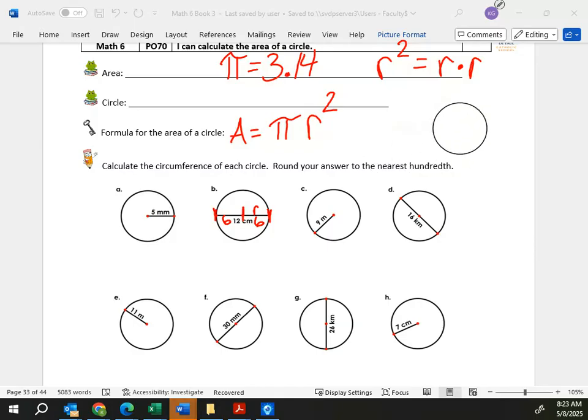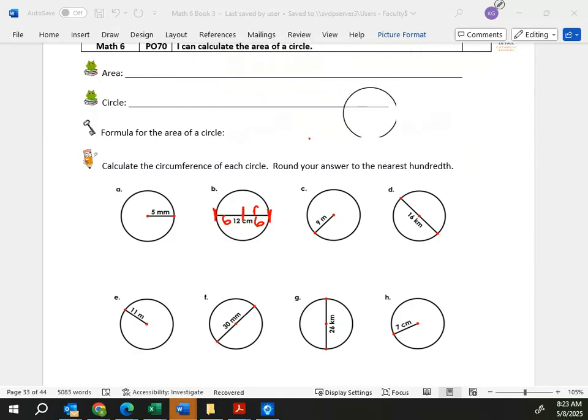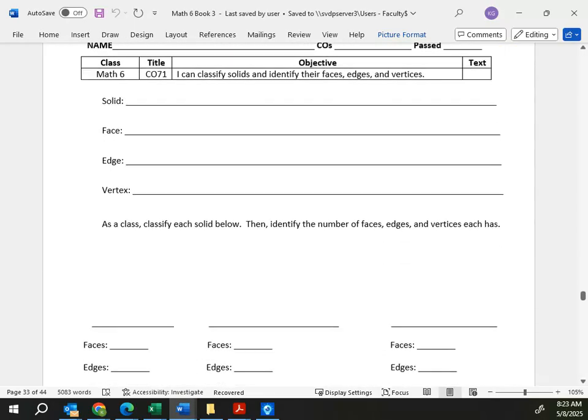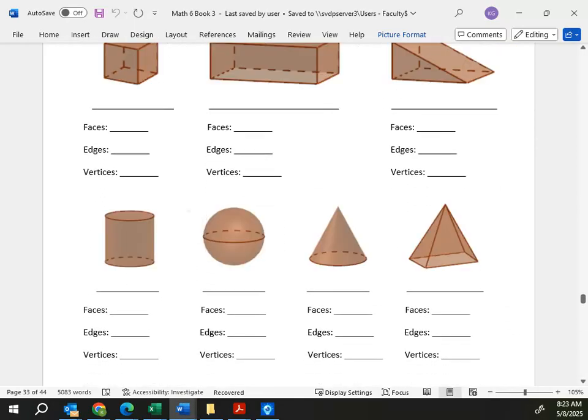Our last one is what we just corrected today with our shapes. Write them out on your help sheet. Give me the names. Cube is how many faces, edges, and vertices. Rectangular prism, faces, edges, vertices. Triangular prism, write them all out.